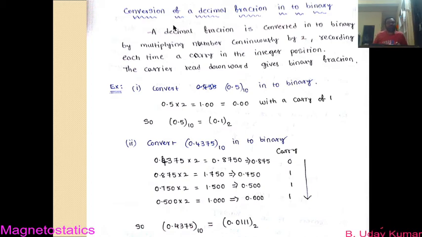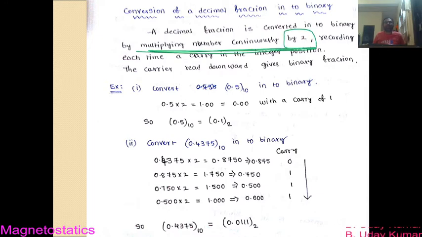Okay, so here in this case, if there is a decimal fraction given to you, you should not divide it, rather you have to multiply with 2. That you try to understand. Okay, so that means whatever the number or fraction that is being given to you, you have to multiply it with 2.